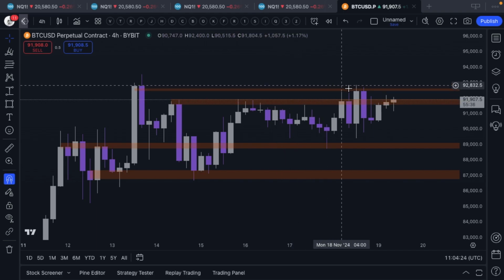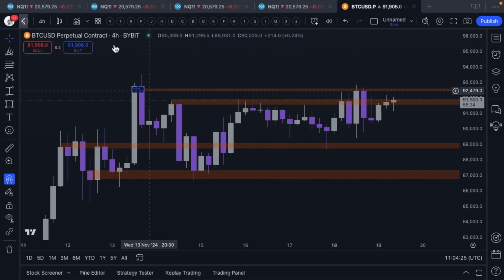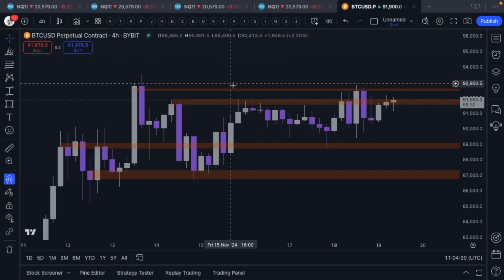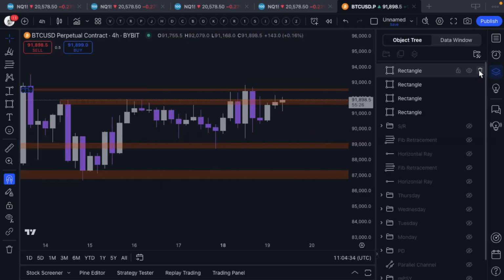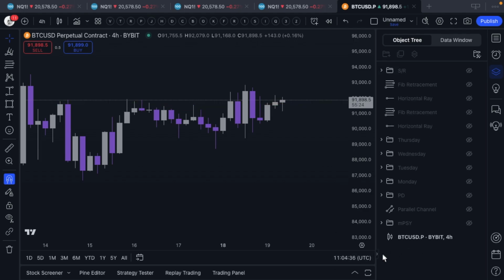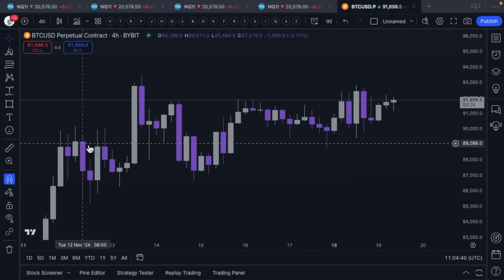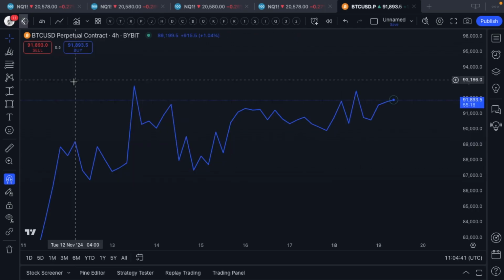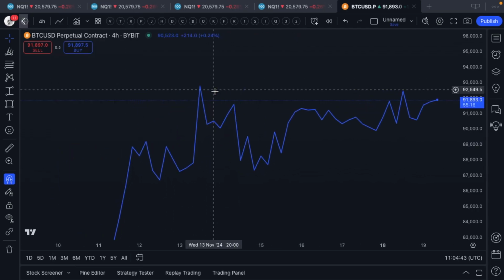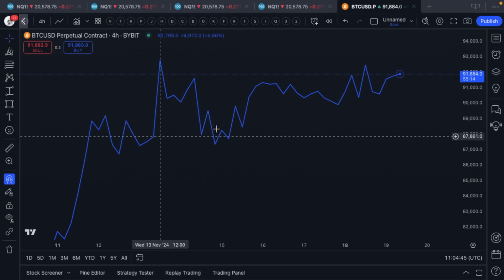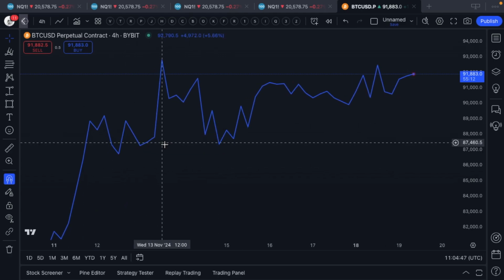Very nice. All right, one of my favorites is actually the line chart. So let's just get rid of that and use the line chart. So now you don't have to contend with all the wicks and trying to figure out what's going on here.